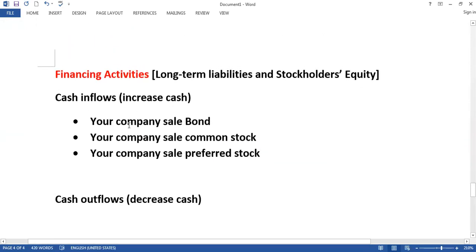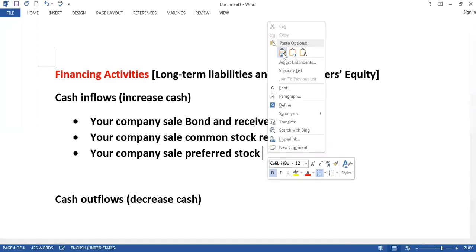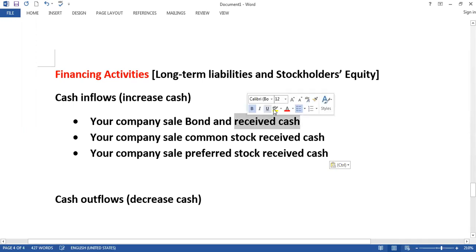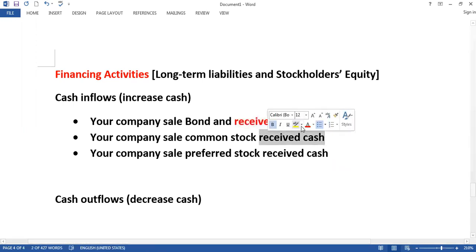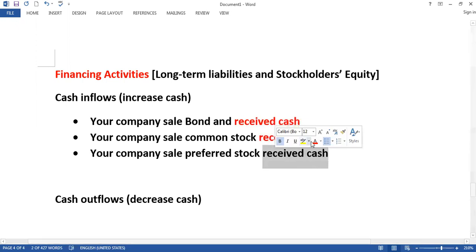Okay, so your company sell bond. And you know that if you sell bond, it means that you are going to receive cash. Then your company sell common stock and received cash. Your company sell preferred stock and received cash. So this is called cash inflow.